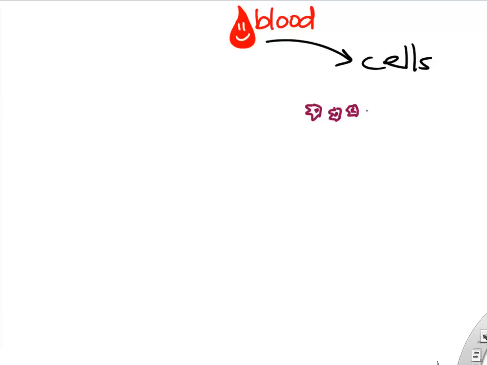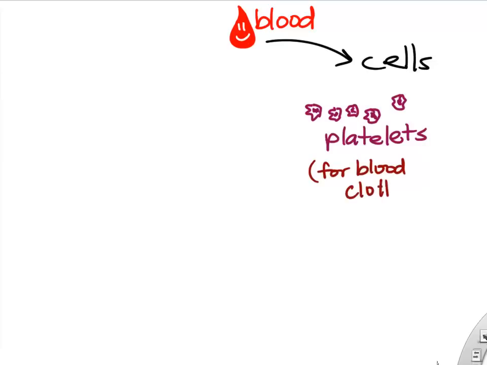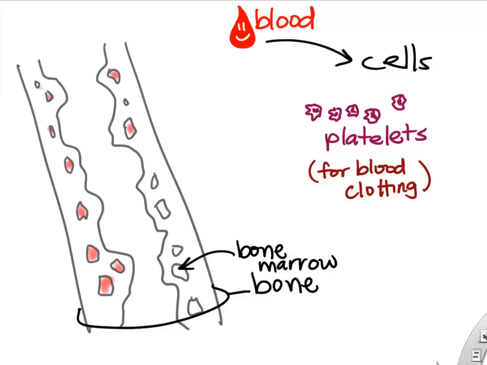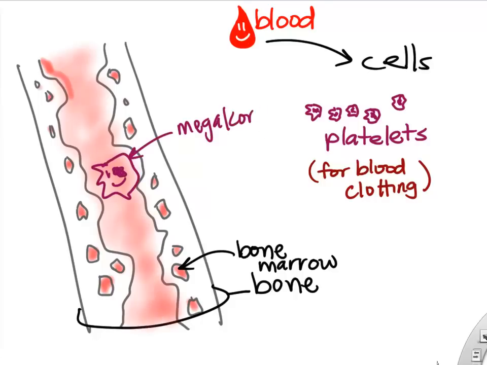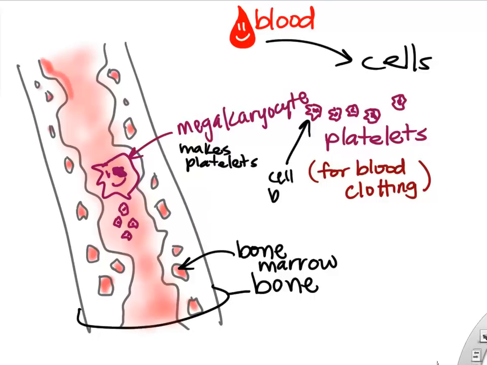Another type of, not really a cell, but a piece of a cell we'll find in our blood are called platelets. Platelets are for blood clotting, and if you're wondering where platelets are made, they're made the same place that all of our other blood cells are made, and that's in our bone marrow. So you have this cell called a megakaryocyte. Megakaryocytes are found in your bone marrow, and they basically bleb off little pieces or chunks of themselves, and we call those little bits of cells platelets.